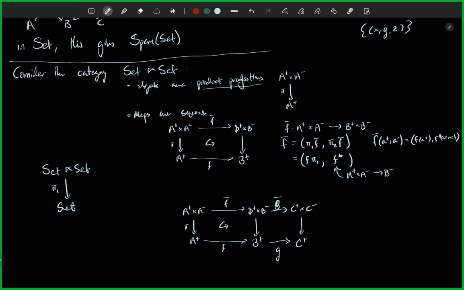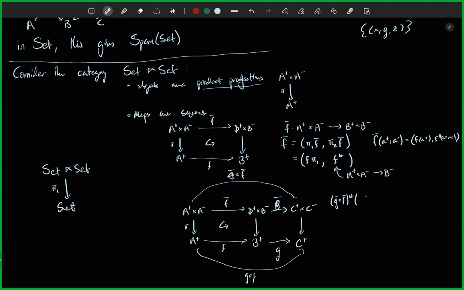As you can see, the bottom composite is going to be G after F. The top composite is just going to be G bar after F bar. But the question we can ask is, what is G bar after F bar sharp in terms of G sharp and F sharp? And we can just read it out. It's the second component, right?